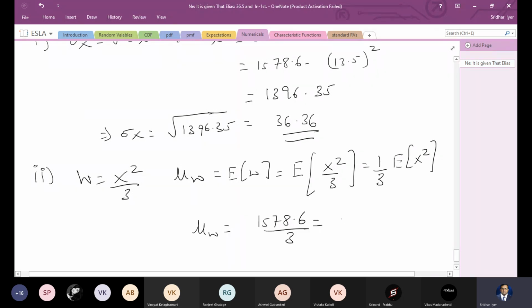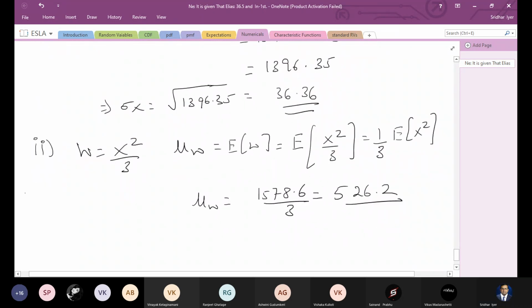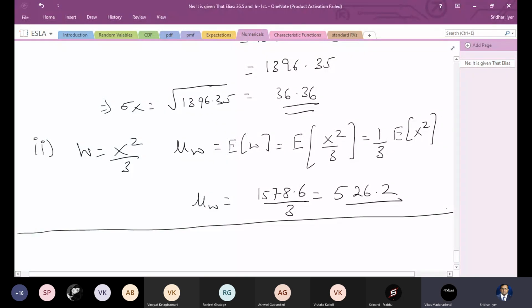Very simple. So this we get around 526.2. Do you get that? Yes, sir. It was a very simple problem. I hope you have solved it.